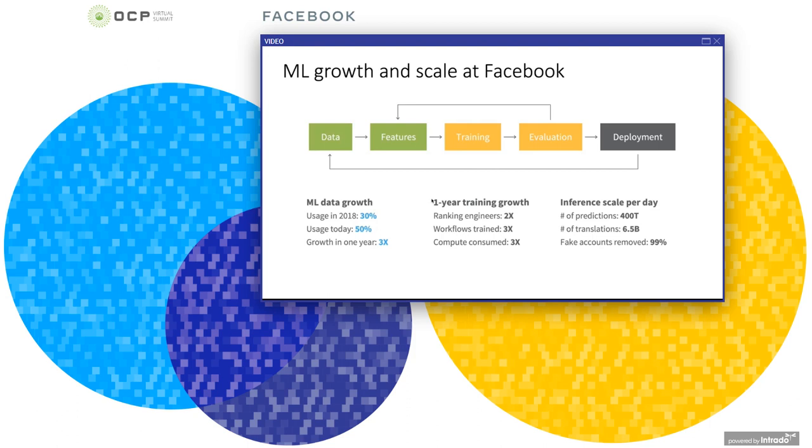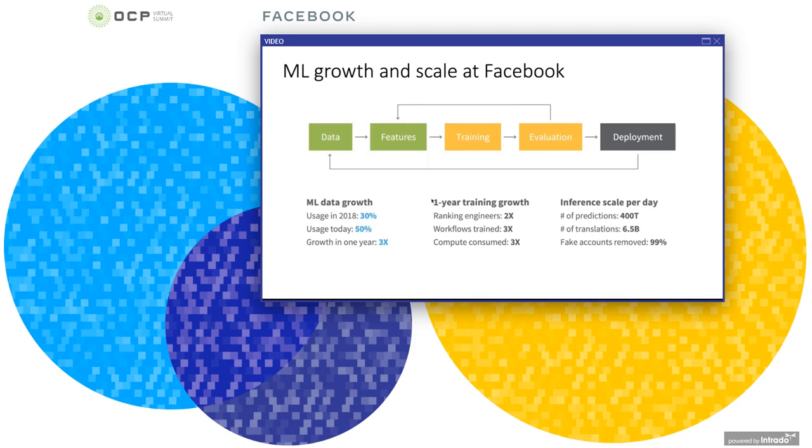Let us now focus on different growth of different parts of this pipeline. We will see that in terms of data, about 30% of data was used for machine learning pipelines in 2018. Today, it's about 50% of the data, and also the amount of data has increased.